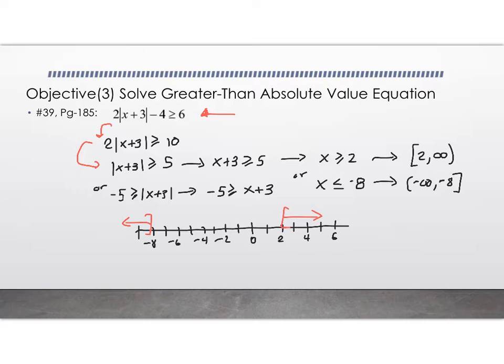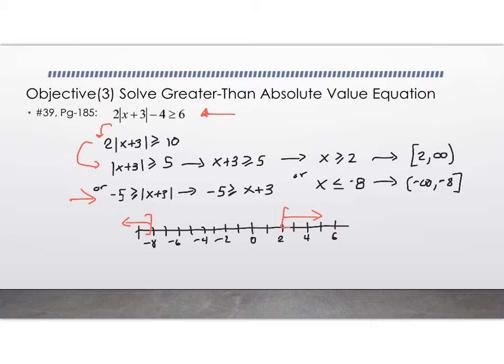Now, in this particular case, it's also possible that we have a negative 5, and when we consider the negative side, the negative doesn't really apply to the absolute value, but we have negative 5 is greater than or equal to the absolute value of x plus 3. So we have two inequalities that we're going to solve.